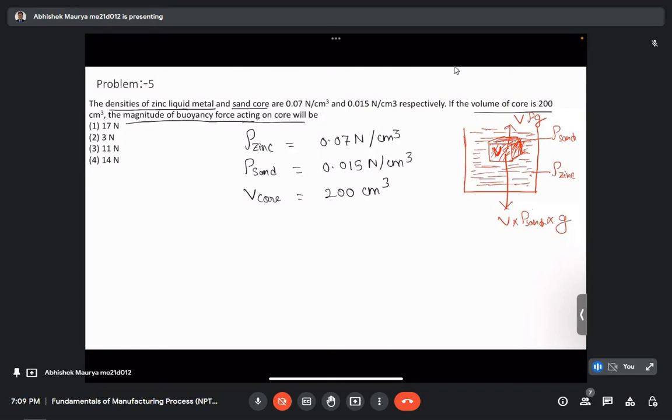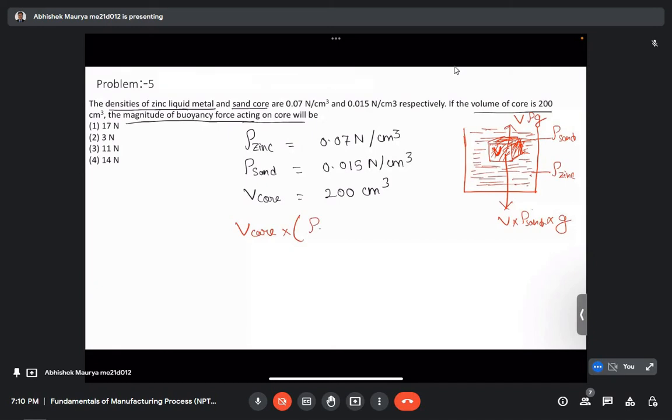So if the density of raw sand equals the density of molten metal, then it won't experience any force. But if there is a difference in the density, then the core will experience a force, which will be equal to the volume of the core multiplied by the difference in the density of both materials.